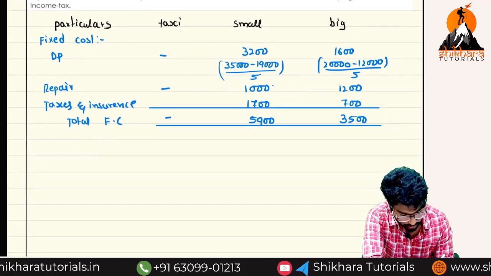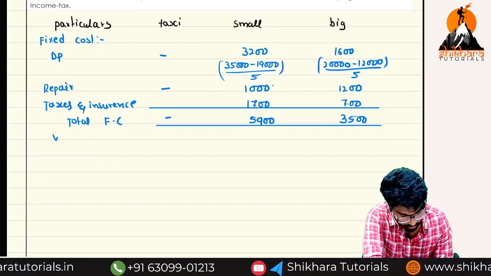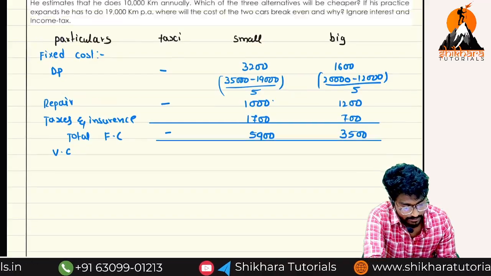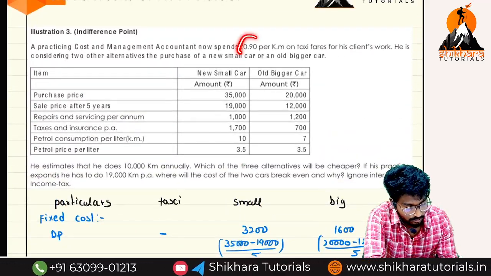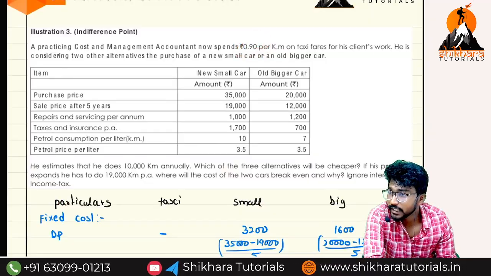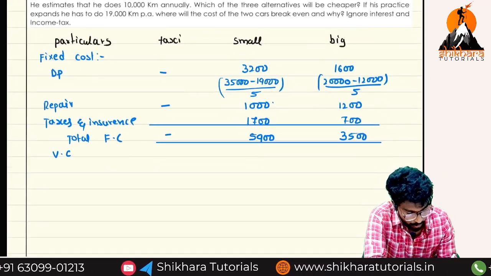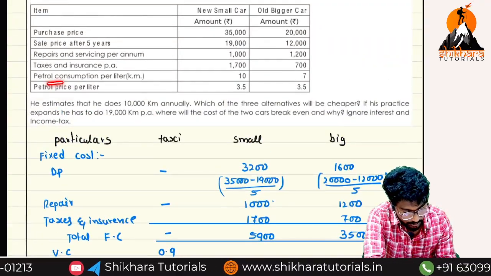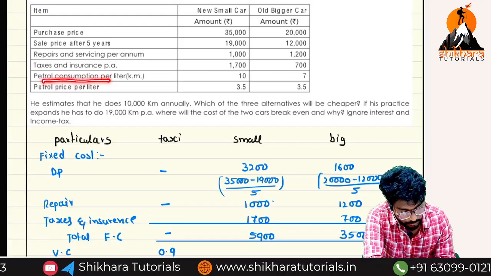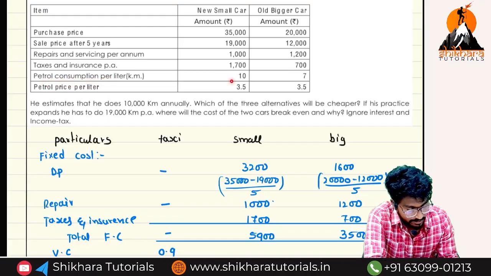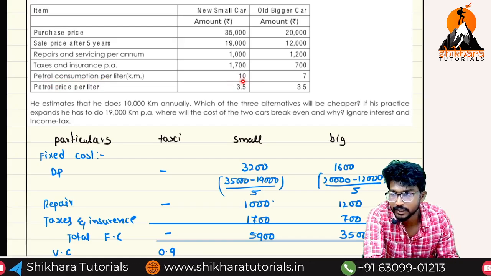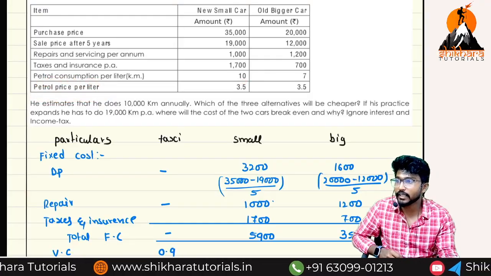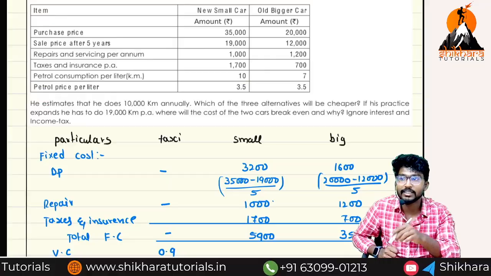Next, variable cost. What is the variable cost? For taxi, he is spending 0.9 per kilometer. Here, for petrol consumption, each liter is giving how much? 10 kilometers. Now what is the petrol price? 3.5. That means for 10 kilometers you are incurring 3.5 rupees.